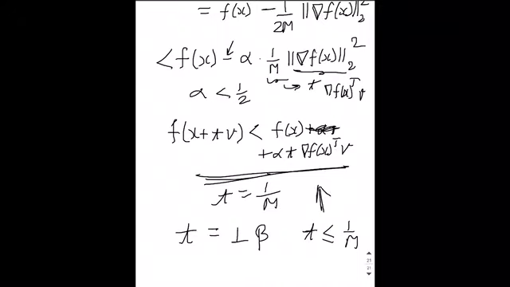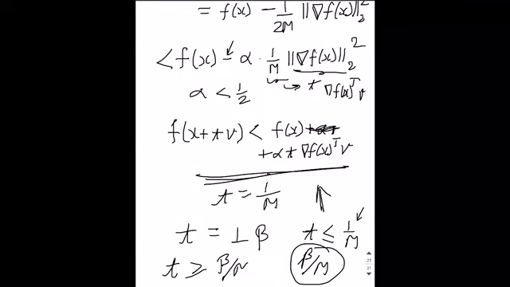So it can go at most to beta by m. In one step it can be just slightly greater than 1 by m, and we multiply it with beta, and the next step it will be beta by m. So t is greater than or equal to beta by m, a minimum of beta by m.